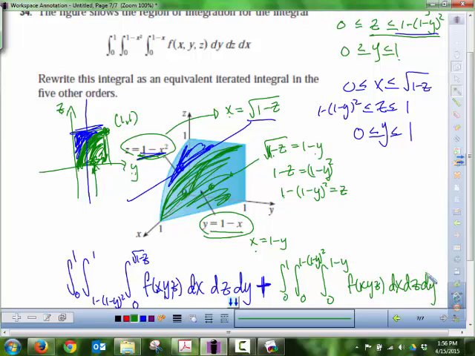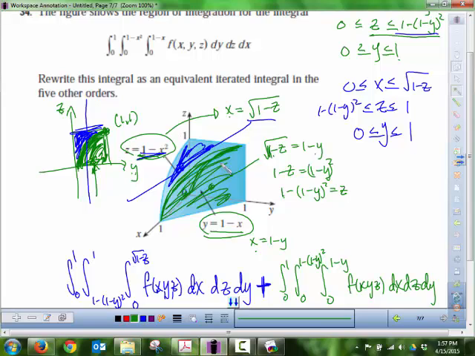So again, the order is dx, dz, dy. And we can't do this without having to do two integrals. So if you had a choice, you would not want to integrate with respect to x first. If you integrate with respect to y first, I think you can do that with just one integral. Because if you go with respect to y, you would enter through 0, and you would exit through this region, and then the other function over here would just be like a side of the cylinder.